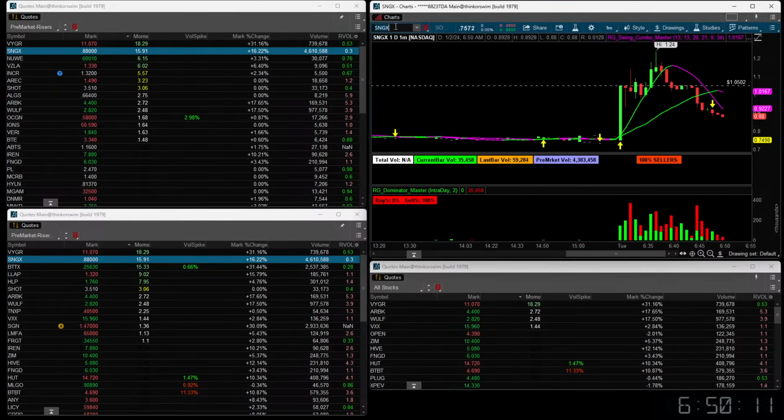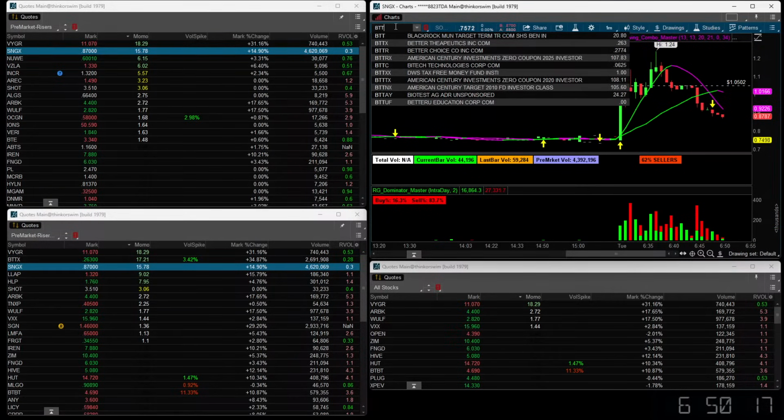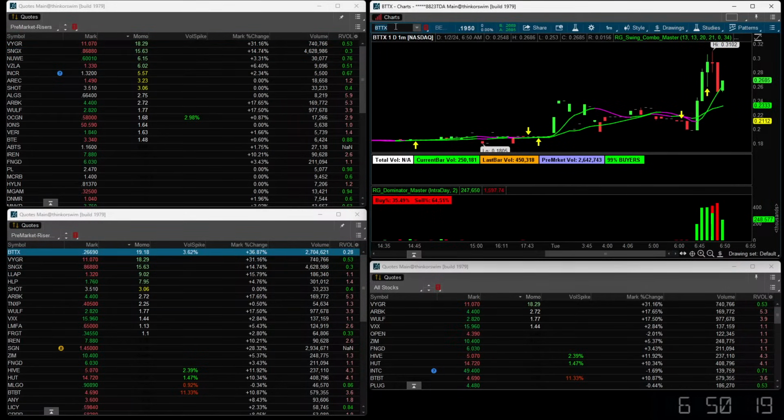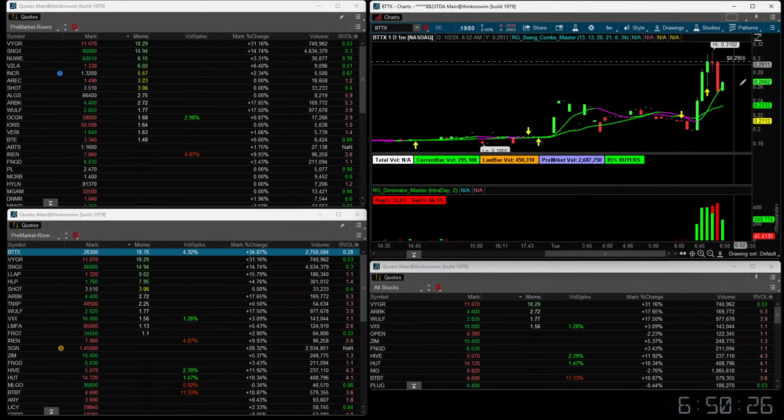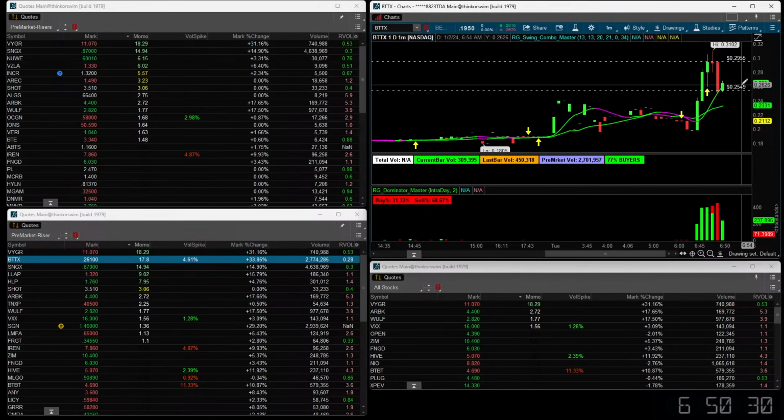I think BTTX moved a little bit last week. It's a cheap one. There would be resistance. This would be support. 26 to 30. Is it worth 4 cents?